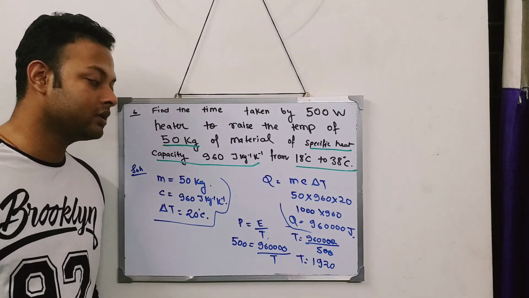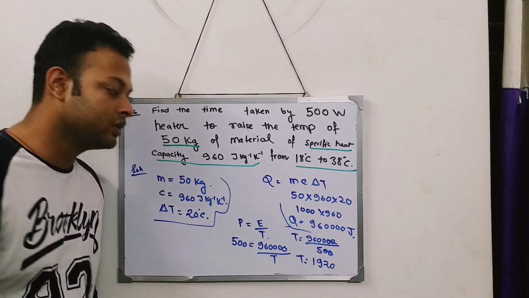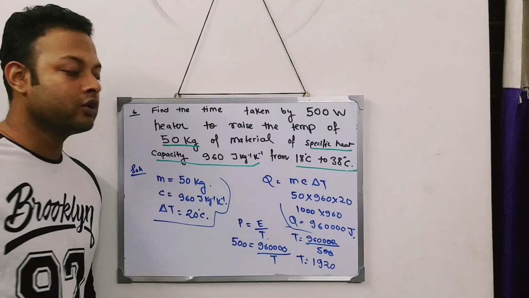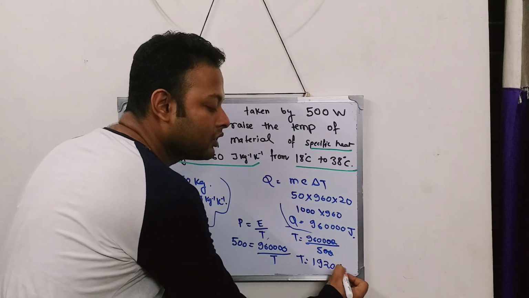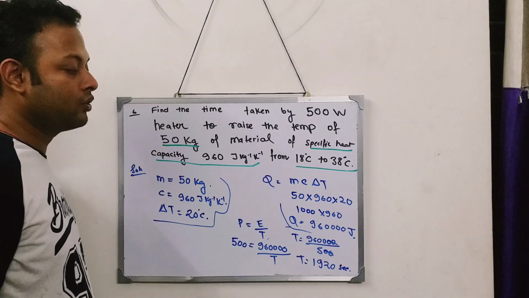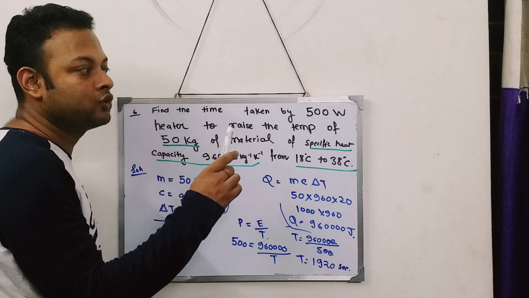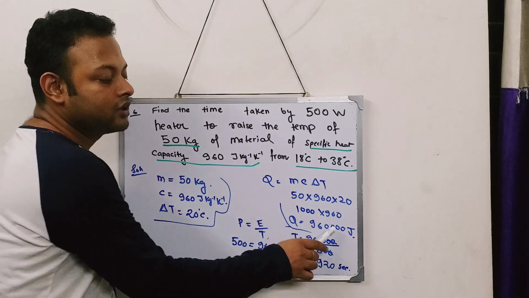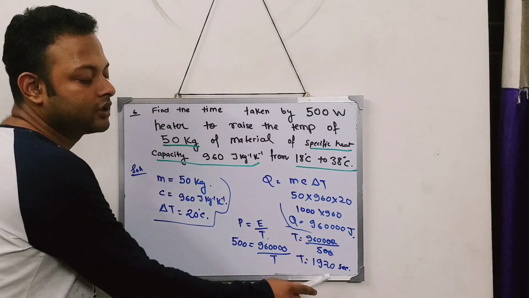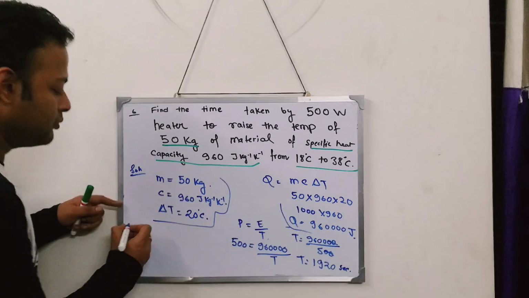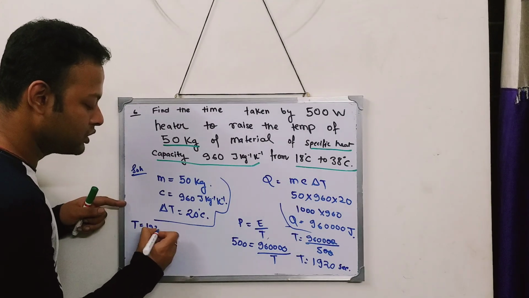All I am doing is in SI units, so the time will also come in SI units. The SI unit of time is second. So time is equal to 1920 seconds.